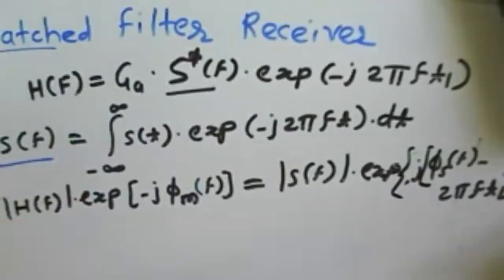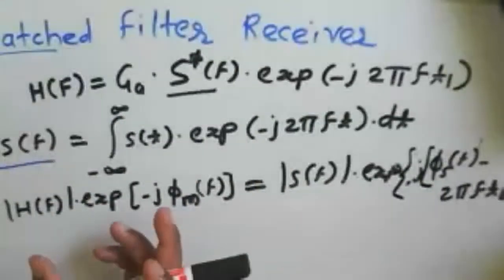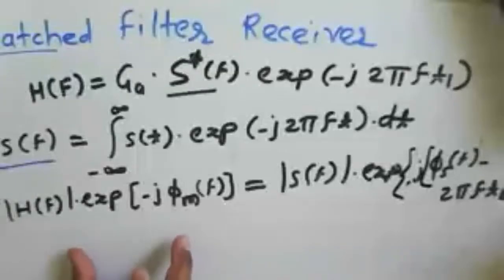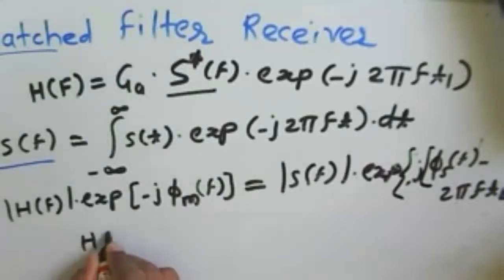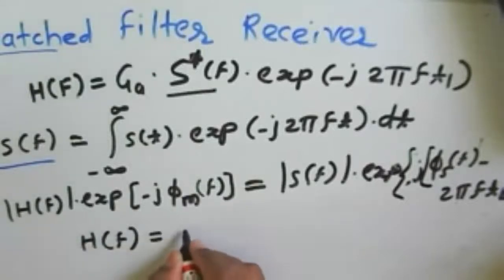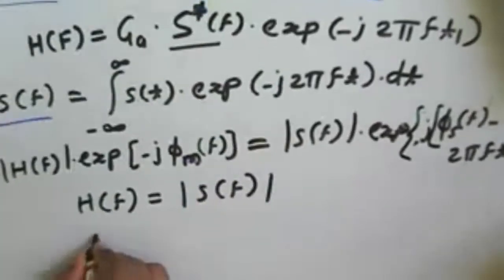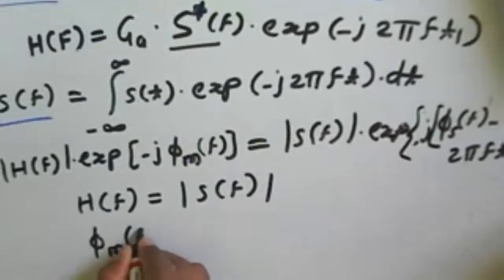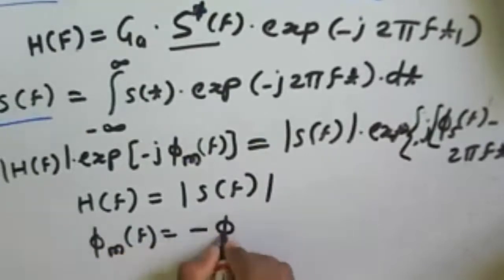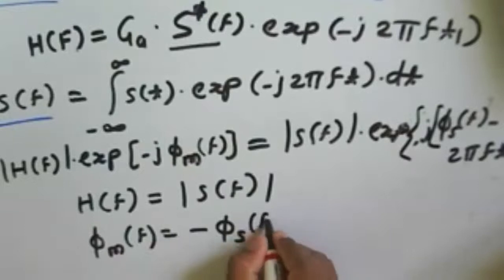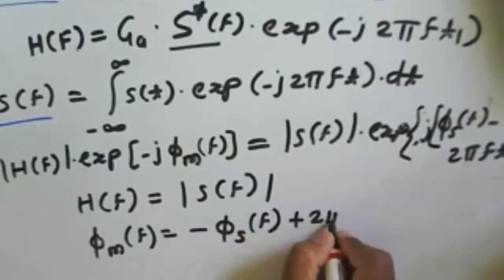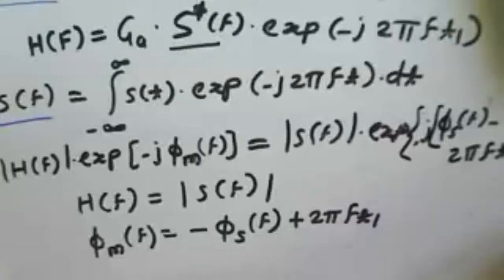So we can rewrite this equation H of f with respect to phase and amplitude, or we can say that H of f, the frequency response function, is equal to S of f. And in terms of phase, phi m of f is equal to minus phi s of f, whatever the signal we have, plus twice pi f t1.